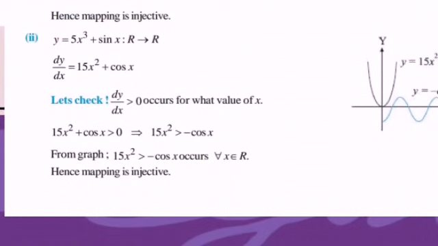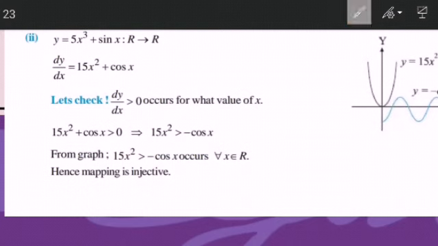Note down the theorem: every algebraic, trigonometric, exponential and logarithmic function is always continuous and differentiable throughout its domain. Here 5x cube is the algebraic part and sin x is trigonometric.